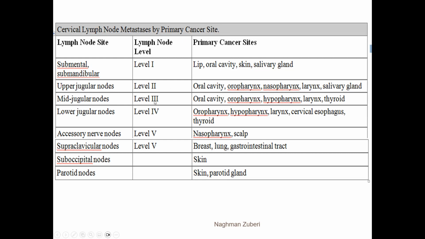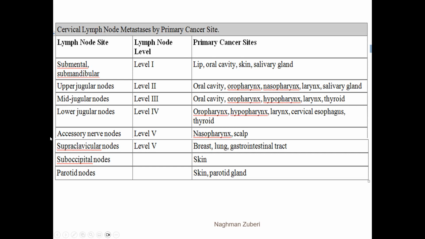Mid-jugular nodes, level 3, primary cancer site would be oral cavity, oropharynx, hypopharynx, larynx, and thyroid. Lower jugular nodes, level 4, primary cancer site would be oropharynx, hypopharynx, larynx, cervical esophagus, and thyroid.